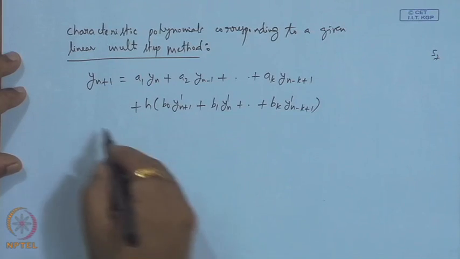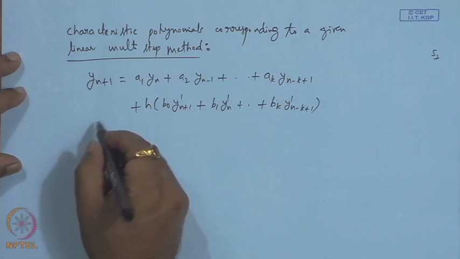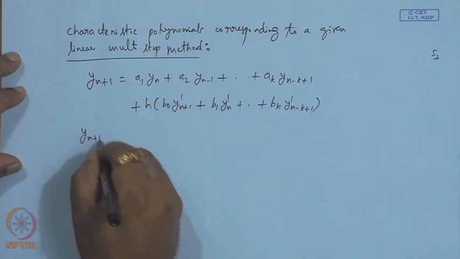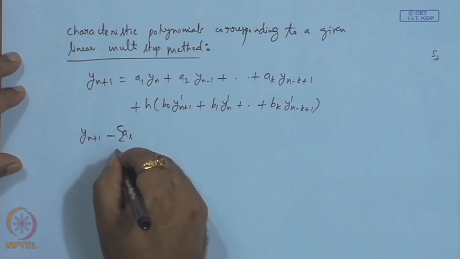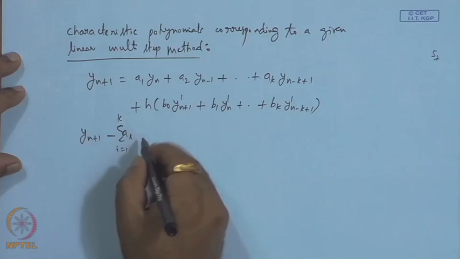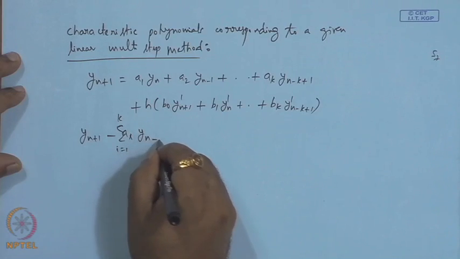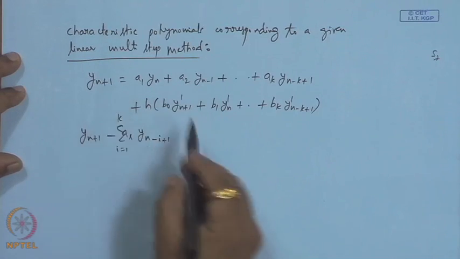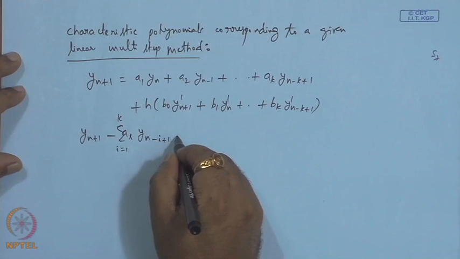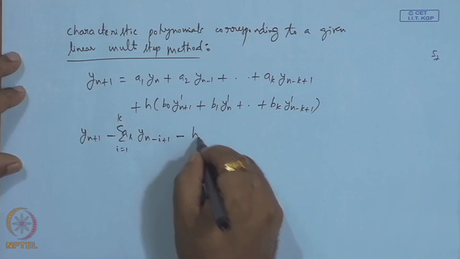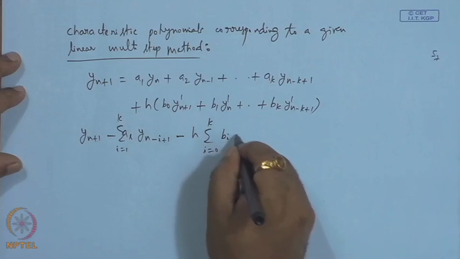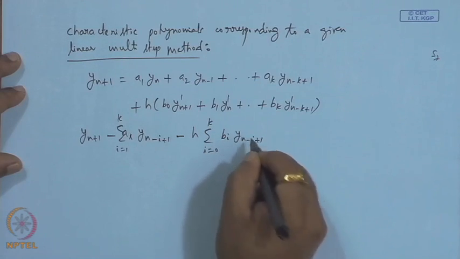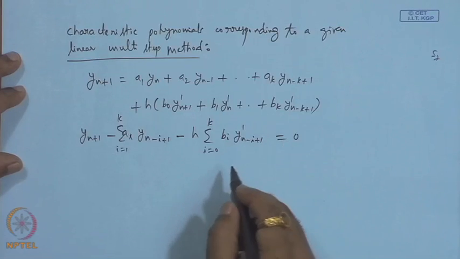Now this can be put in the form minus sigma a i, all the terms, then minus h, equals 0.